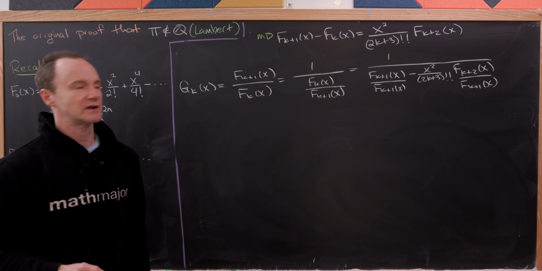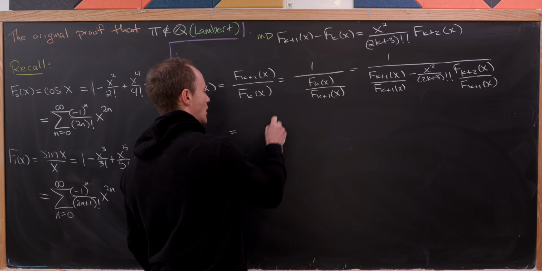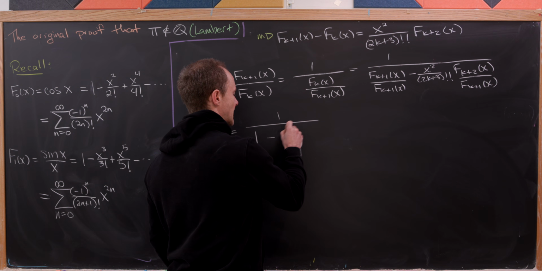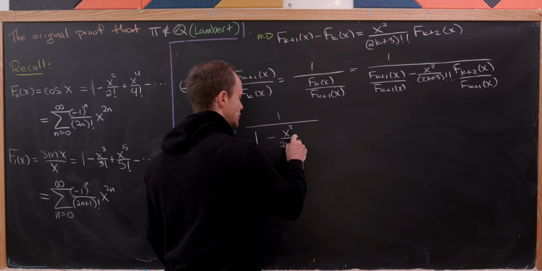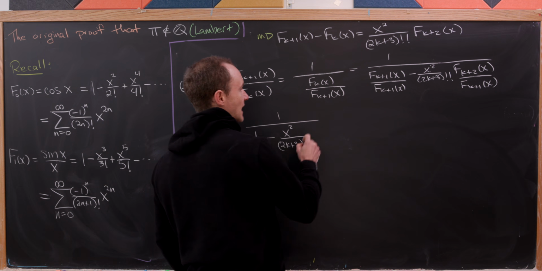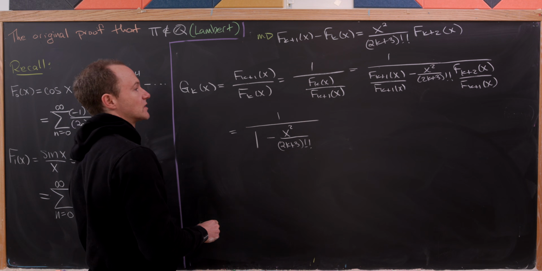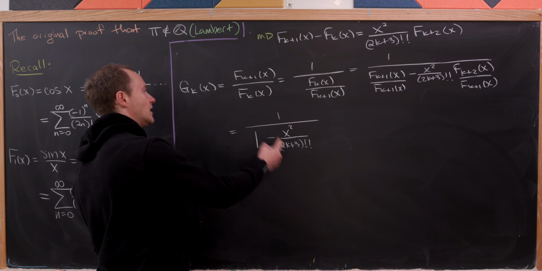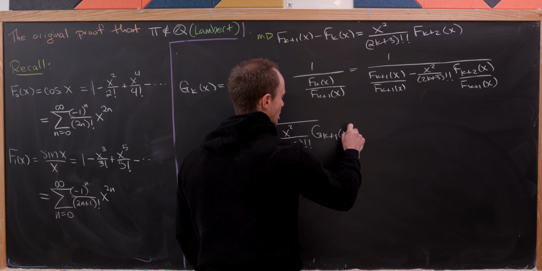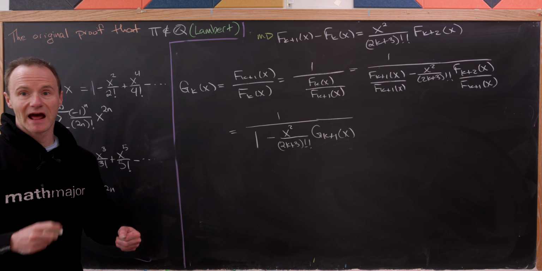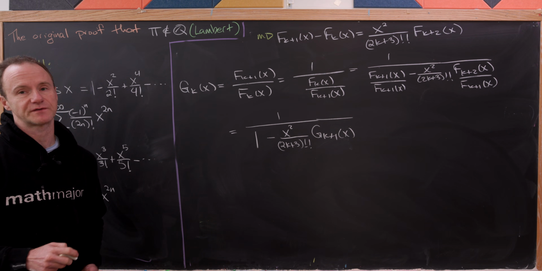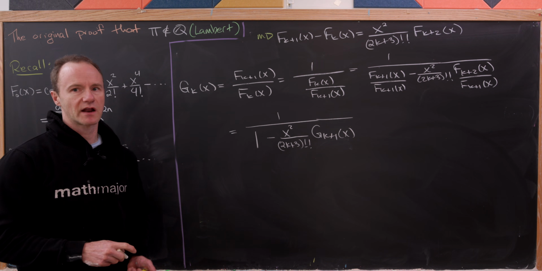But now f sub k plus 1 divided by itself is pretty clearly equal to 1. So that gives me 1 over 1 minus, and then we've got x squared over 2k plus 3 double factorial. And then f sub k plus 2 over f sub k plus 1 will, motivated by this definition, be g sub k plus 1 of x. And now we've got our seed of a method to create our continued fraction for the tangent. So let's start that on a new board.